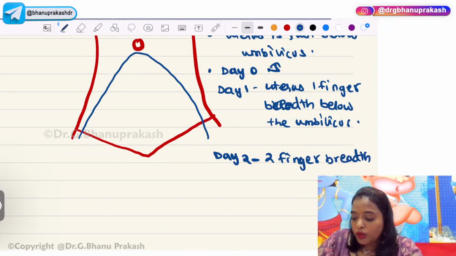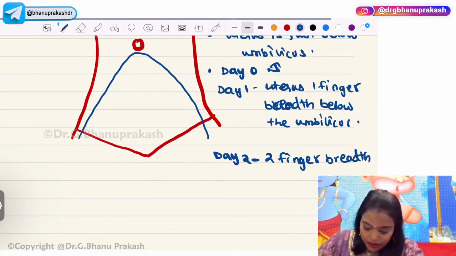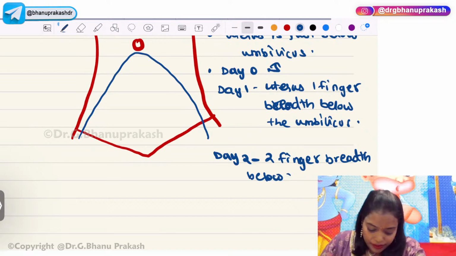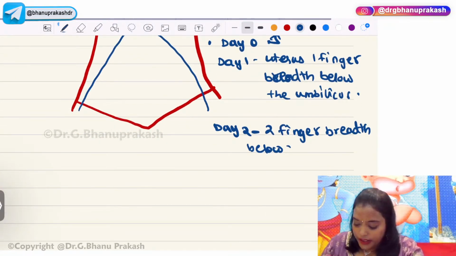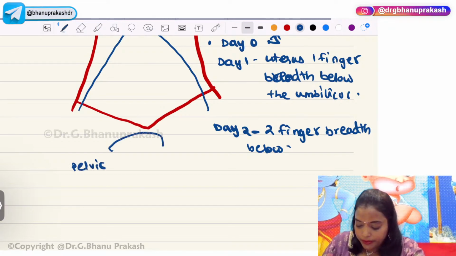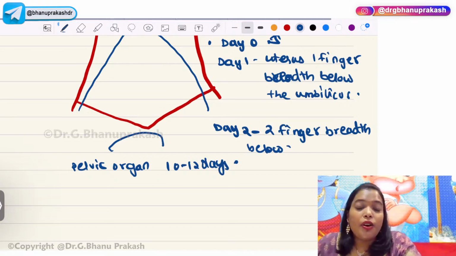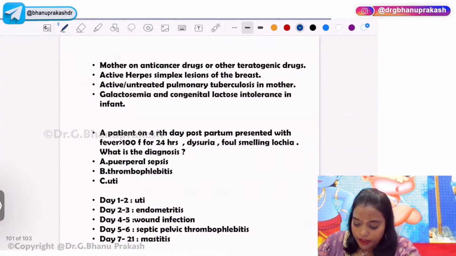Whichever day it is, that many finger breadth below the umbilicus. Normal stage after 2 weeks, correct. It will go inside the pelvis. It becomes a pelvic organ by 10 to 12 days because it is 13.5 centimeters above the pubic symphysis.